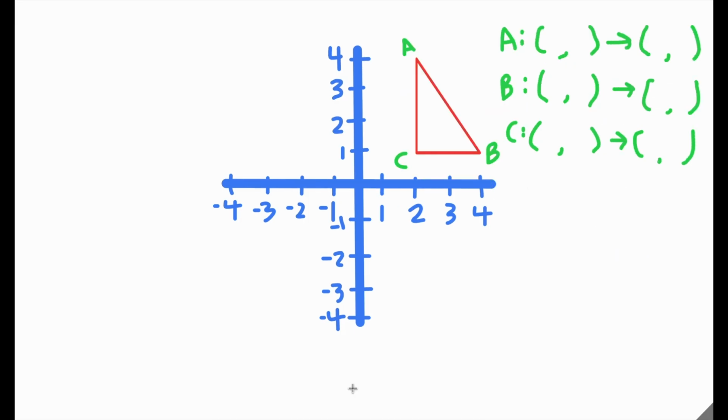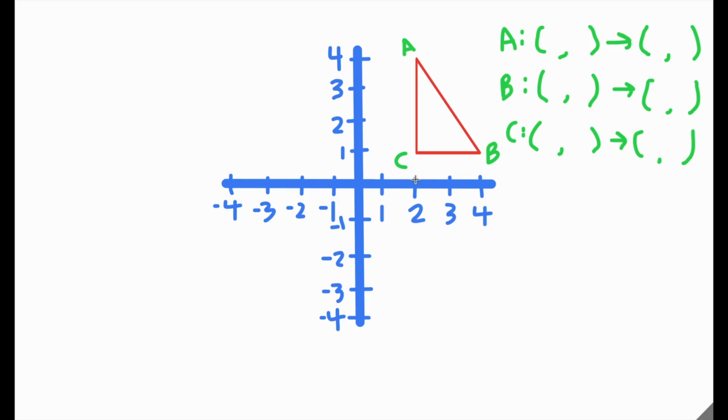For this example, we're going to be doing a very similar process, but we're going to be scaling it down by a factor of 1/2. You can do this with any fraction, any number, but for this video, we're keeping it pretty simple. Okay, so let's look at what we're starting with. We're starting with this very simple triangle.